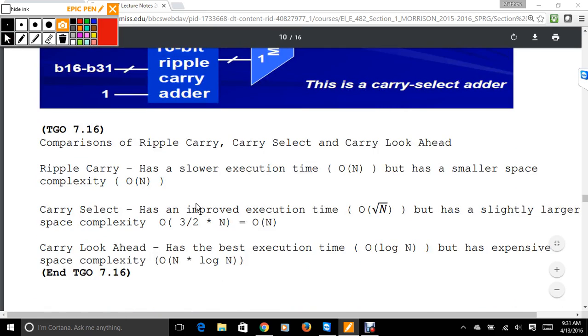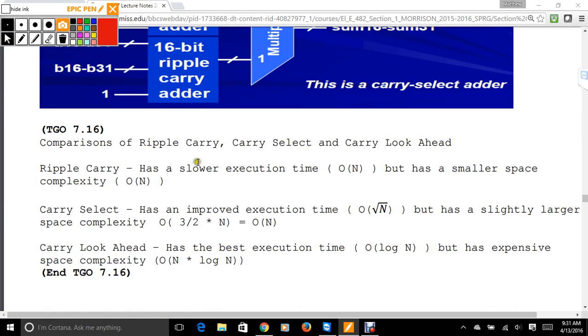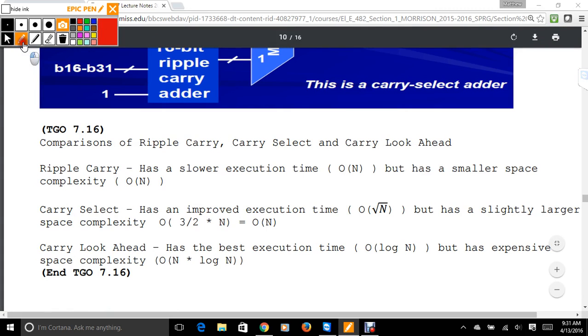And so, a comparison of ripple carry, carry select, and carry look ahead. Does everybody here not know what big O notation is? Okay, so ripple carry just means that it requires n computations. If you have 32 inputs, it requires 32 computations, and it requires 32 full adders.